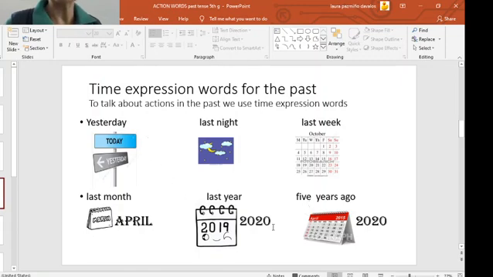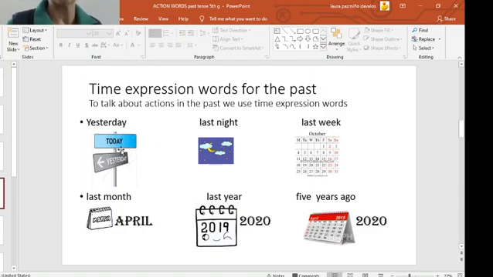So all these words are time expression words que nos ayudan a complementar una oración in the past tense form. ¿Estamos claros hasta aquí? Estas time expression words serían complement words. Complementan una oración en un tiempo pasado.